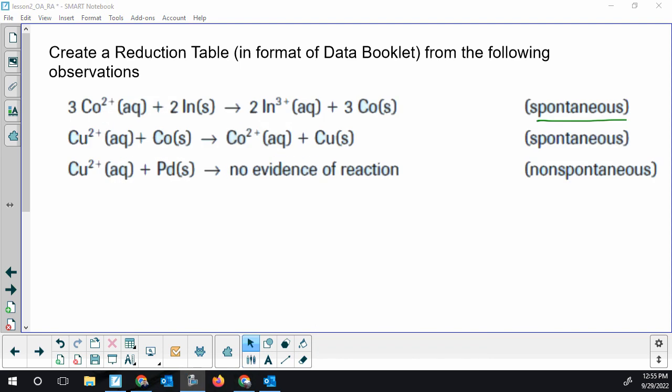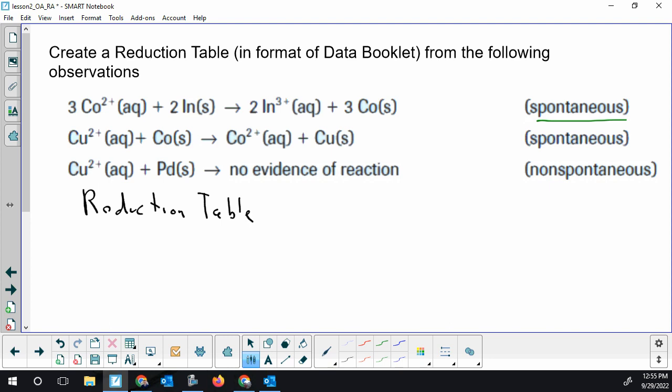So the first thing I like to do is lay out the structure of our answer. We're asked to do a reduction table. I'm not going to write the OA and the RA headings in, but you may do that to cue your brain to keep yourself organized. Okay. Now, we could either spend about 2 minutes going through every reaction and figuring out what the OAs and RAs are, or if you remember the patterns, neutral metals, elemental metals are always, and what did I say?